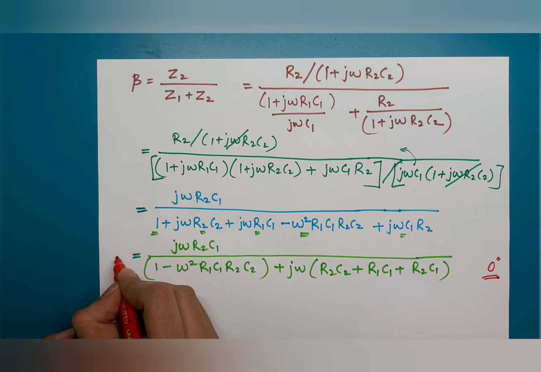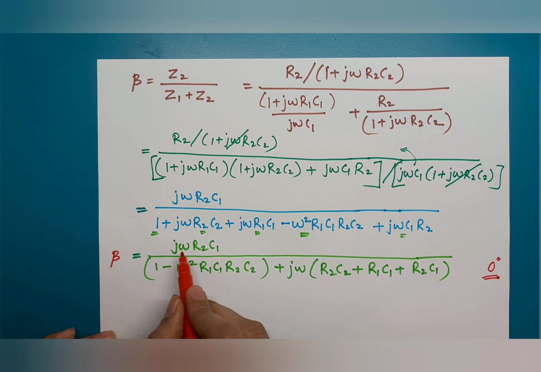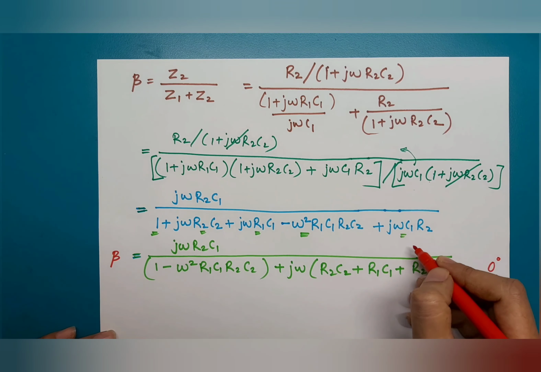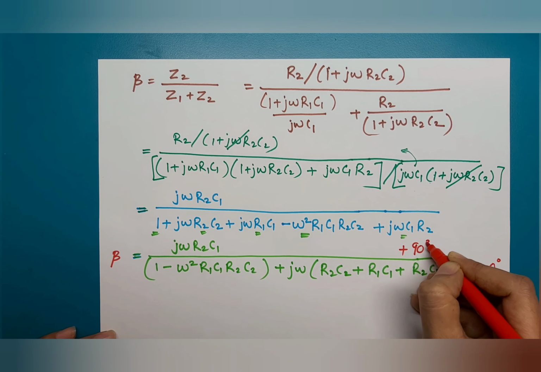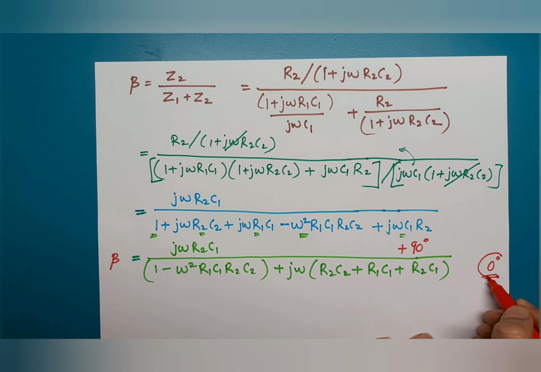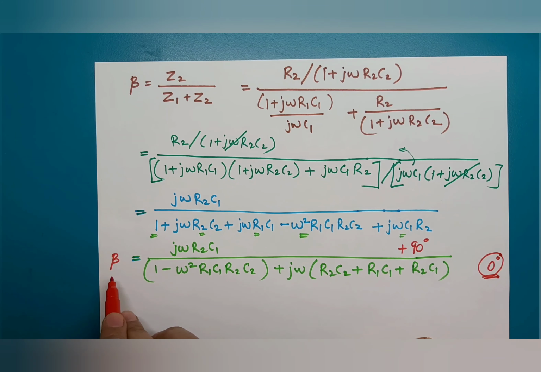Now if we observe the expression of beta, we get a pure imaginary term in the numerator of beta. That means the phase angle of the numerator of beta will be plus 90 degrees. To make the overall phase angle 0 degrees, the condition is that the denominator of beta should also be a purely imaginary term only.